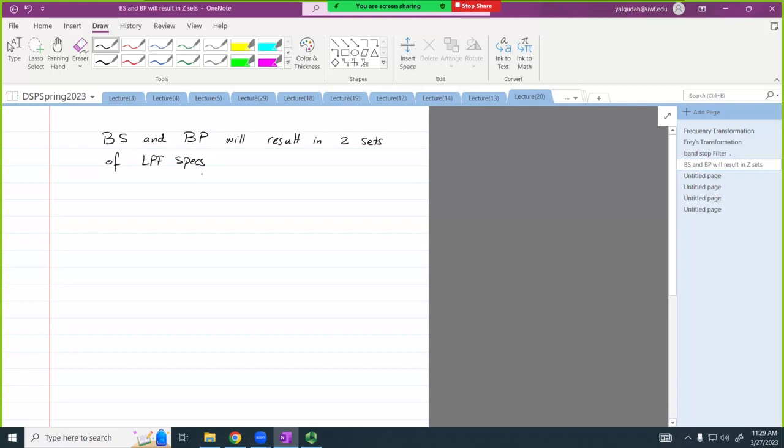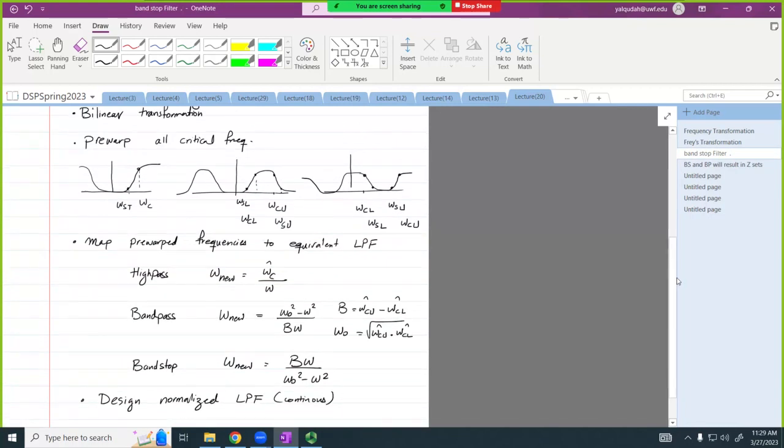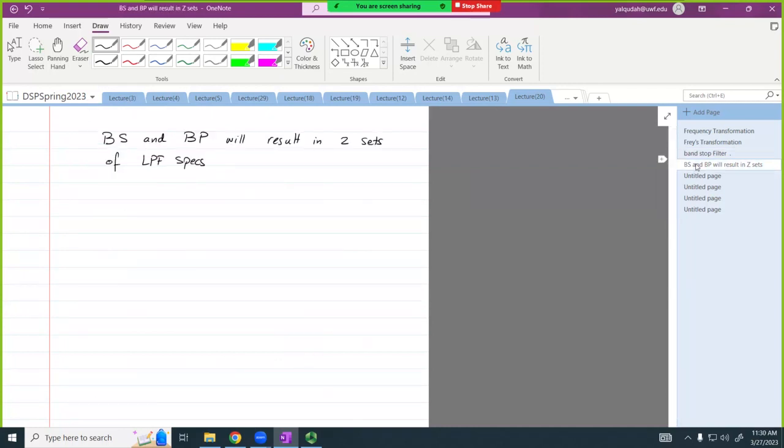Does that make sense? So when we design the high-pass filter, we have one set of frequencies. Here we have two sets. And therefore, when we design the filter, we're going to use the tighter of the two sets. And we'll see what that means when we do an example.